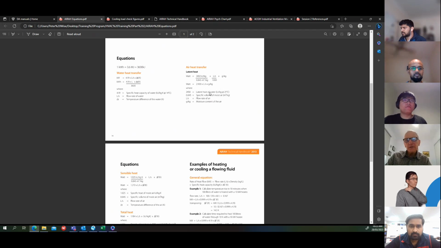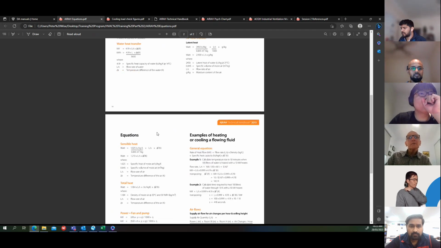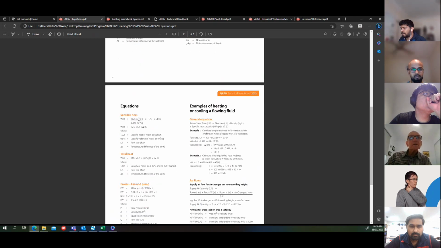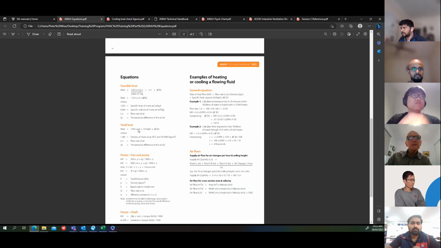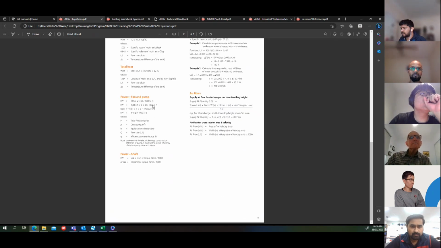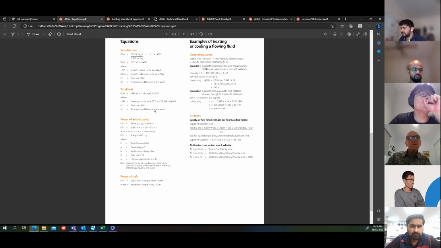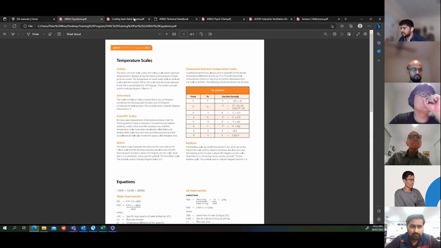Okay, there's a mass transfer, which brings with it a change in the relative humidity in the space. Sensible heat is based on a temperature difference and the total heat, which is the sum of sensible and latent. And there's lots of other things in there.